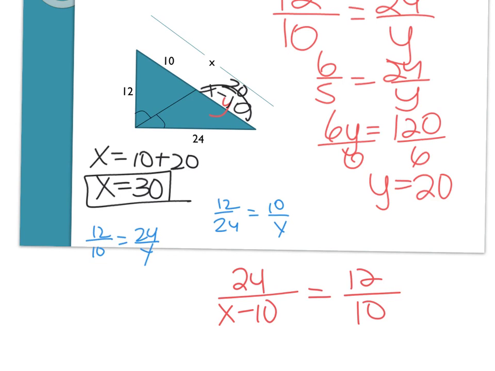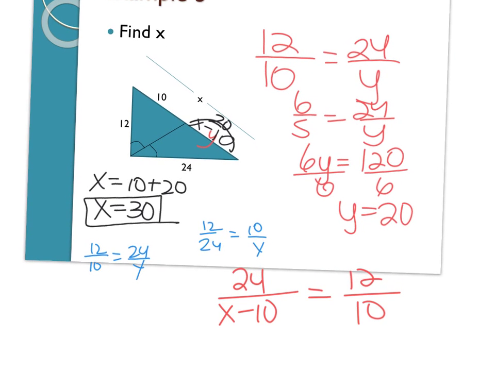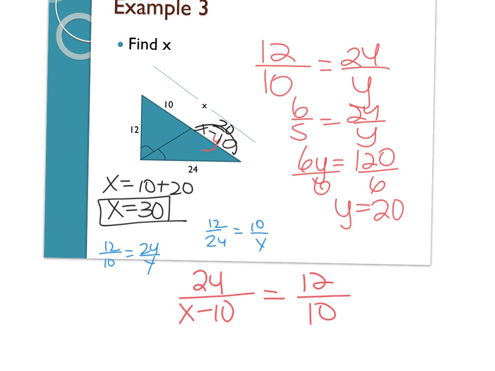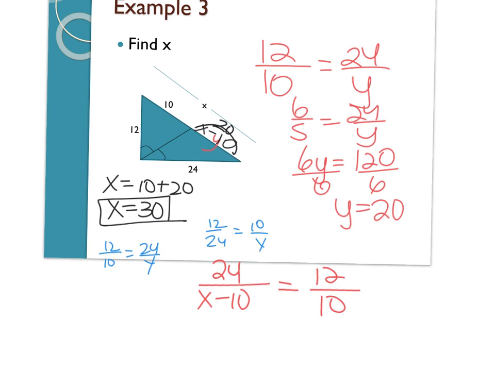Alexis, if you go back up to the original way you're doing it, with 12 over 10 equals 24 over y, with the second step, is that 24? Yeah, that's 24. I thought it was 6 over 5 equals 24 over y. No, I just got sloppy. 6 over 5 equals 24 over y.